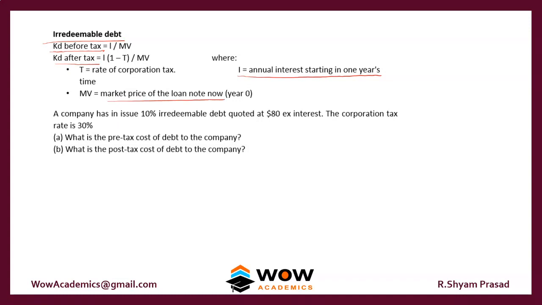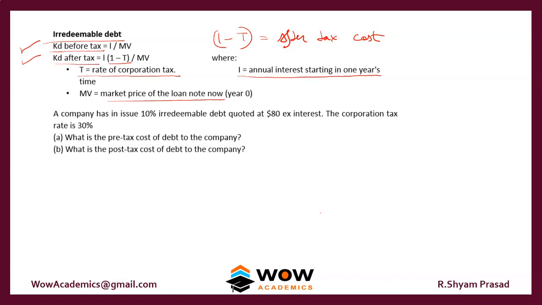If it's after tax, it's I into 1 minus T divided by MV, where T is the tax rate. Why do we deduct 1 minus T? Because 1 minus T gives you the after-tax cost. The tax benefit has been deducted here, and then we find the interest. The question will state whether it wants before-tax or after-tax KD.